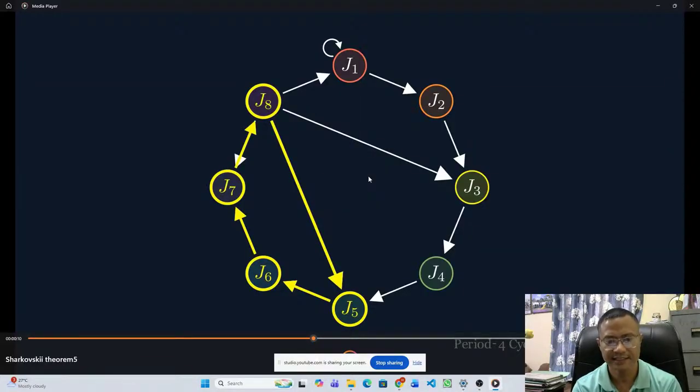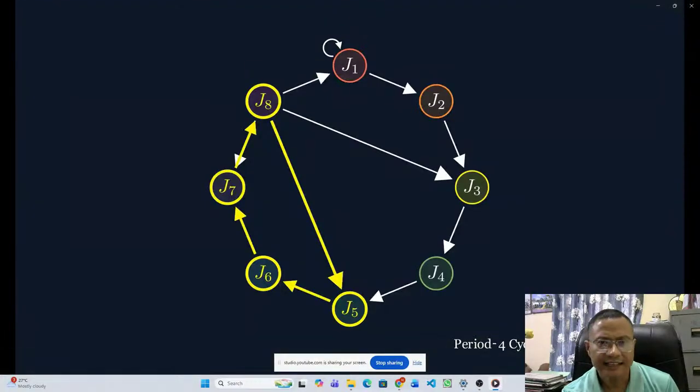It is a complete cycle because it starts from J8 and ends at J8 again. So it is a primitive cycle of length 4. Therefore, there exists a periodic point of period 4. The existence of a primitive cycle of length 4 in the Markov graph guarantees the existence of a periodic point of period 4. That is the theorem we have learned.